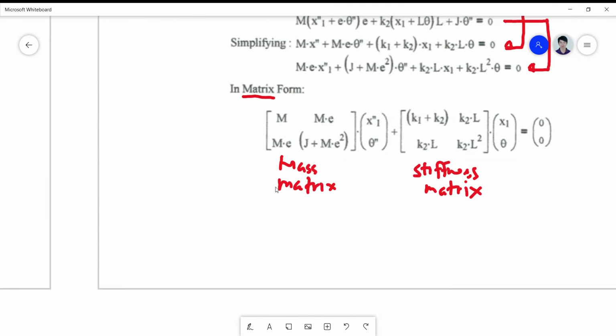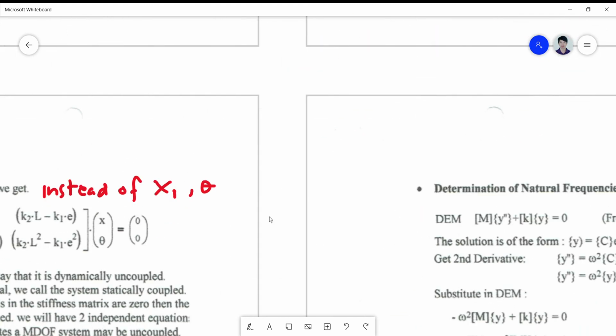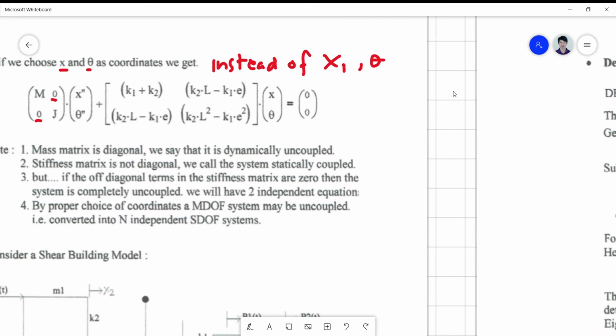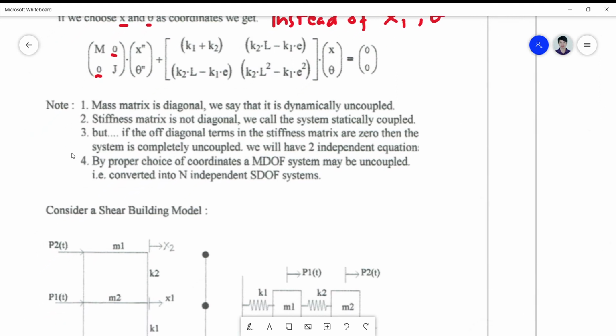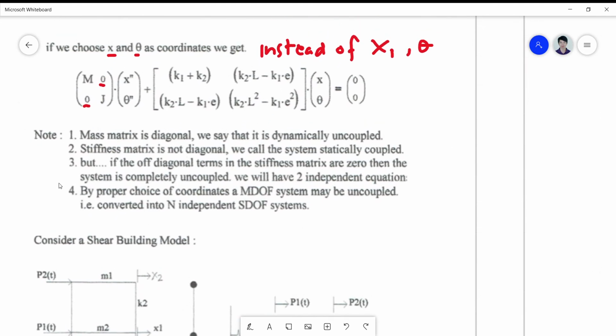Okay, this is much more difficult to process later. So the stiffness matrix may not be diagonal, but of course we can come up with some more simplifications later to make it appear easier to process. And we call this system now a statically coupled system.